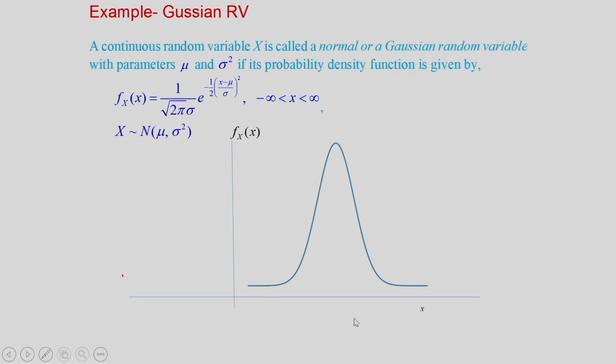Here is a plot of this PDF. It is a bell shaped curve, and the parameter sigma will determine the extent of this distribution, and mu is the central point, that is, the mean, or even the mode or median of this curve, is given by mu.